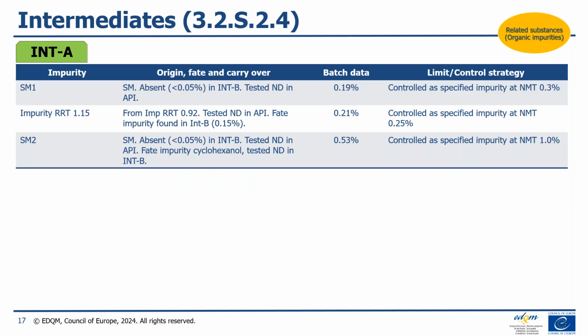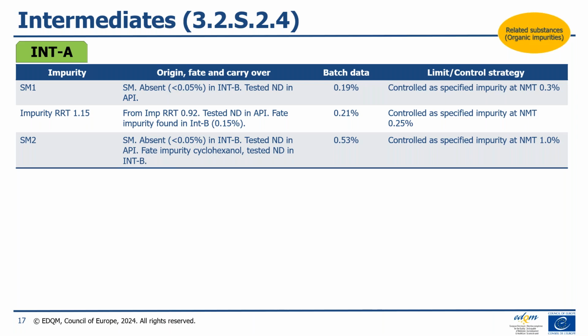And let's move now to intermediates. There are 3 intermediates, and they will be described in section 3.2.S.4. Starting material 1 is present in intermediate A at 0.90%. It is found absent in the next intermediate and not detected in API. So setting a control at 0.3% is acceptable. And the impurity RRT 1.15 is generated from the impurity at RRT 0.92 that we have seen earlier.